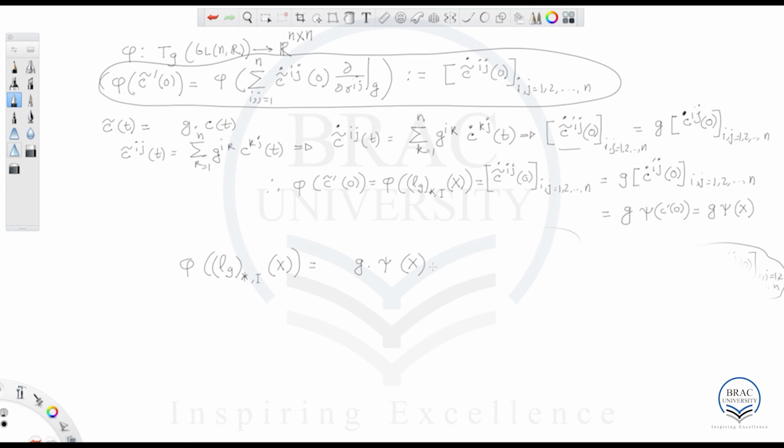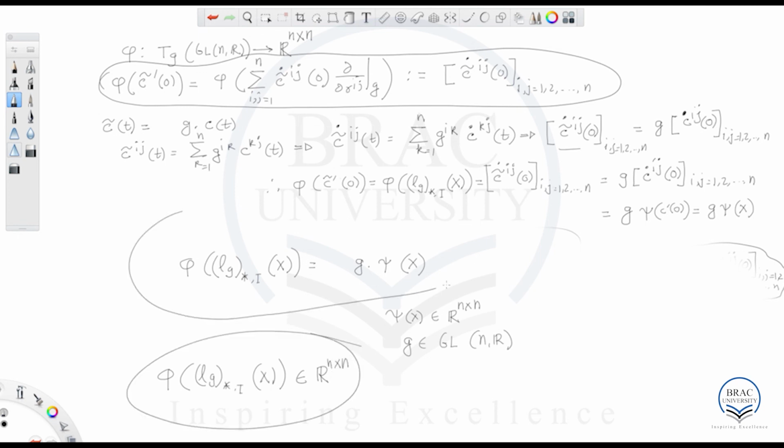Okay, so psi of x is an n times n real matrix. g is in GL(n, R), and on the left hand side phi of L_g star comma I of x is also an n times n real matrix. So here everything is consistent and everything is a matrix.